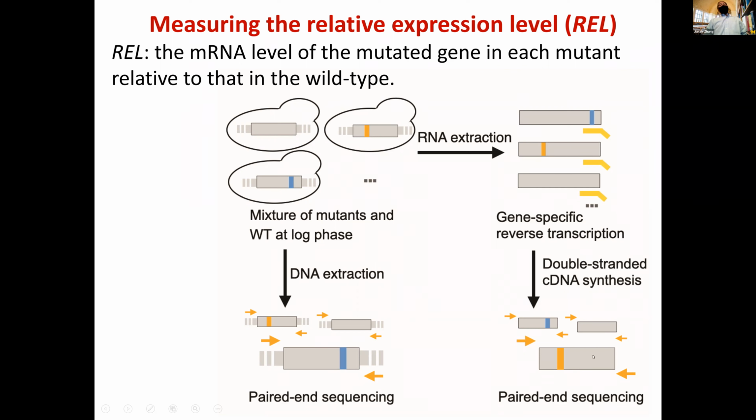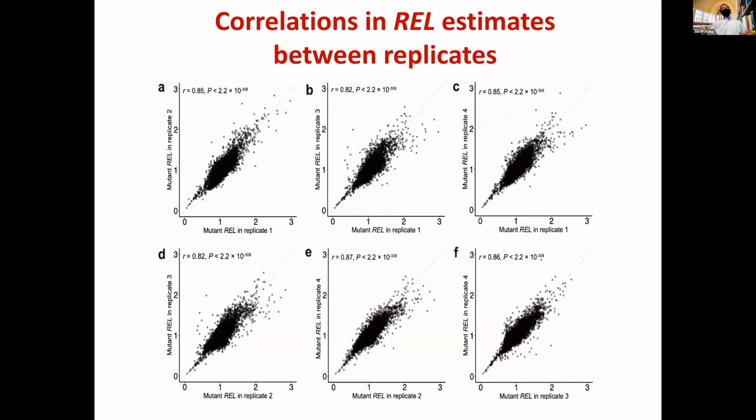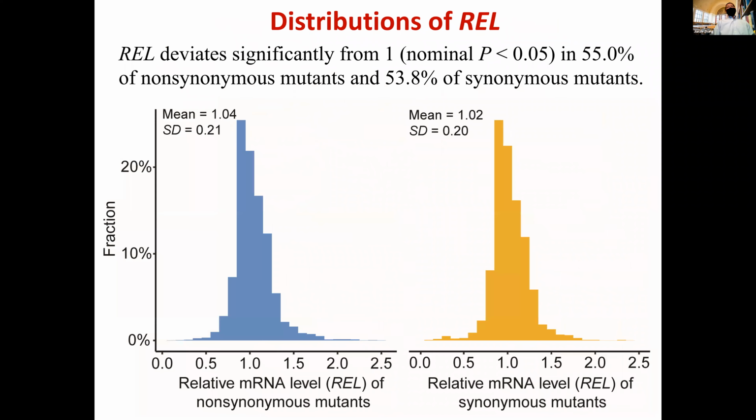So we divide the RNA level by the DNA level. That tells us the expression level of this gene in each mutant. So we did that, and we did a lot of replicates. This is showing the correlation among replicates, which is about 0.85. Okay, so this is our result.